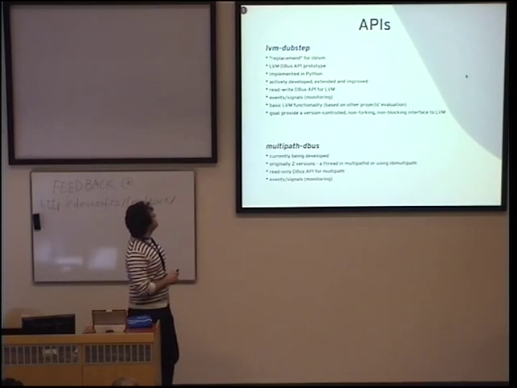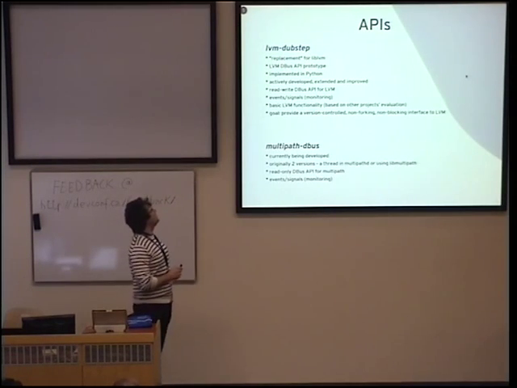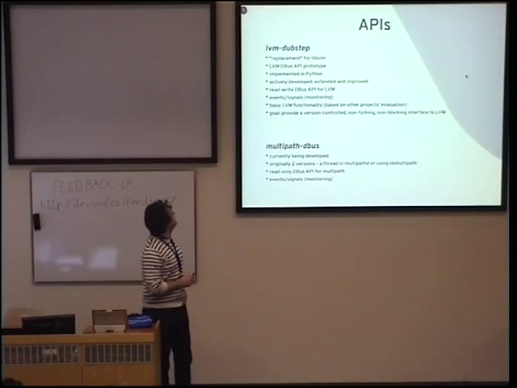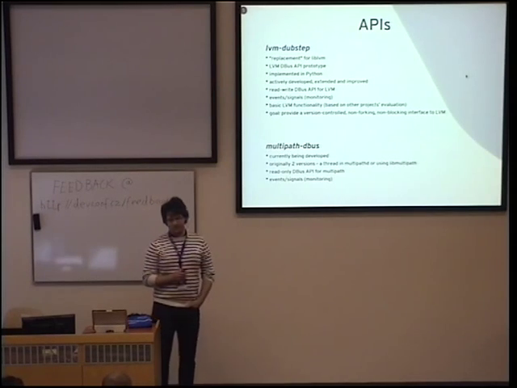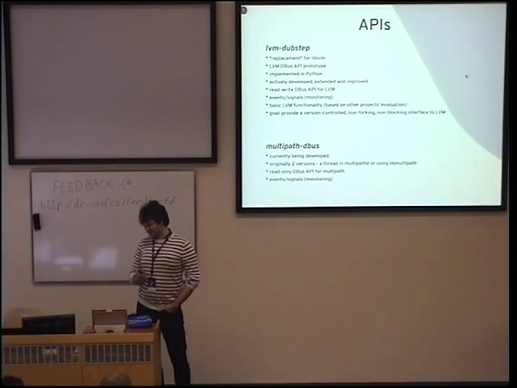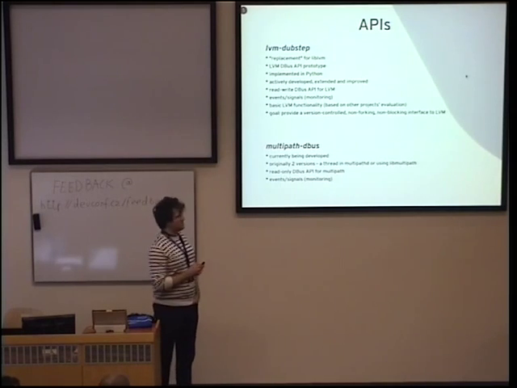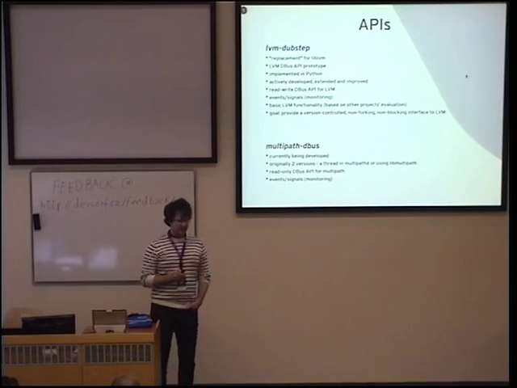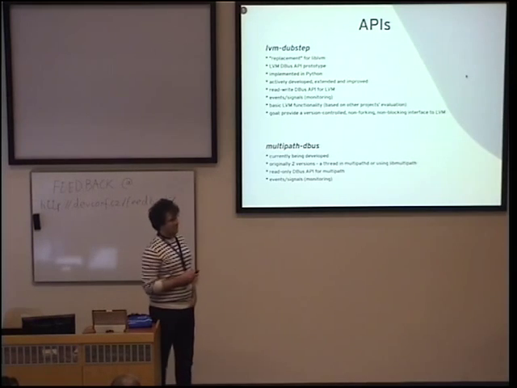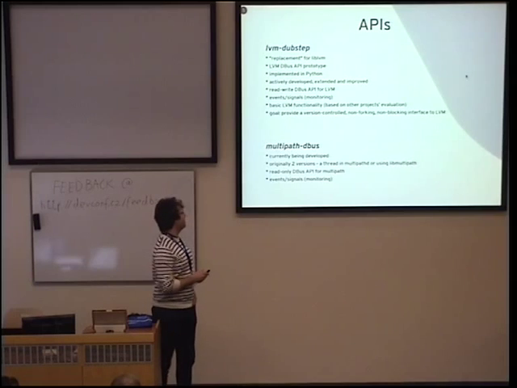The lvm-dbusd is a replacement for libLVM, and I say replacement in double quotes on purpose because libLVM is really a failure. It provides a very limited functionality, and it seems to be a dead end. There are many reasons for that.